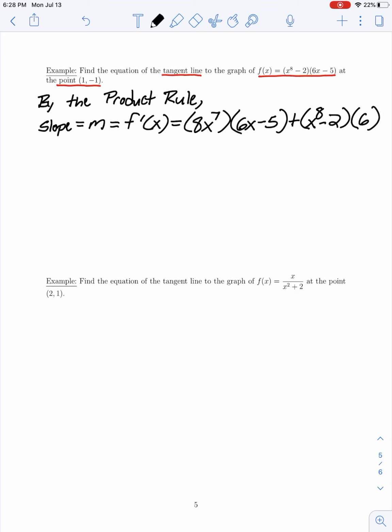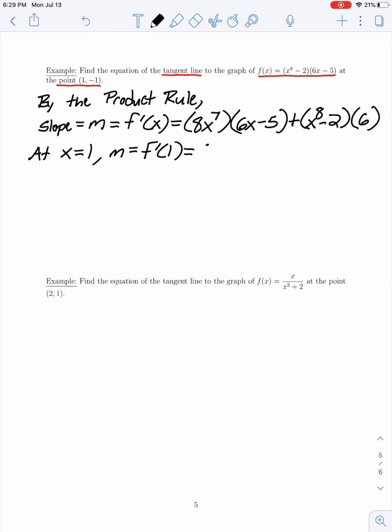Now here, we could either simplify this expression that we have for f prime, as we did in our earlier examples, or to save ourselves a little bit of work, we just need to find the value of the slope of this tangent line at the point 1, negative 1. So when x is equal to positive 1, our slope m, which would be f prime of 1, is equal to, well, let's take a look at this.